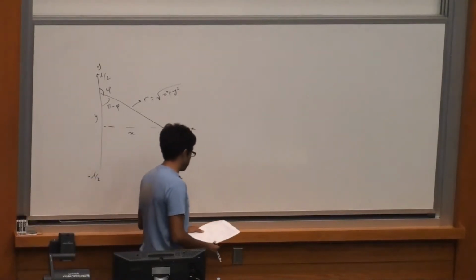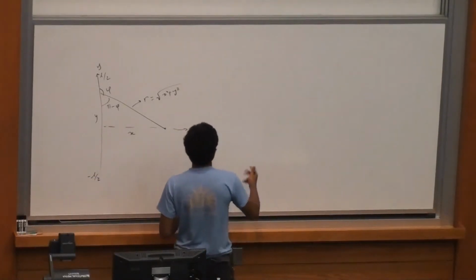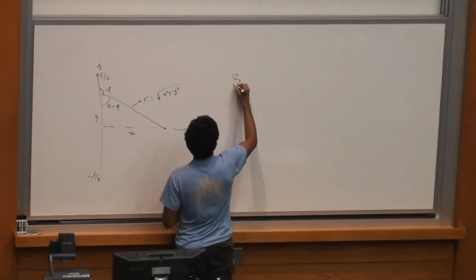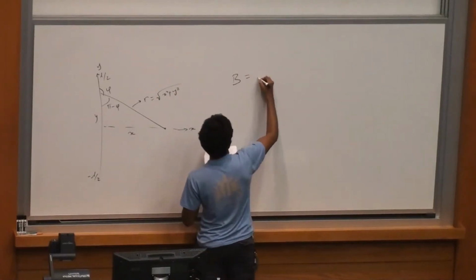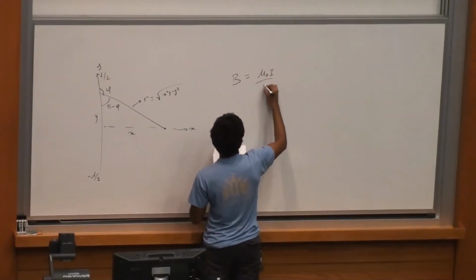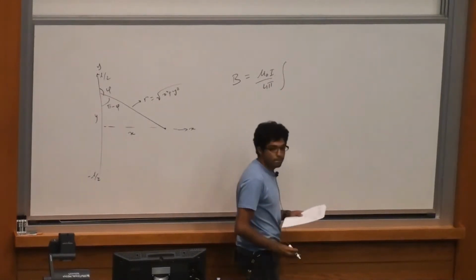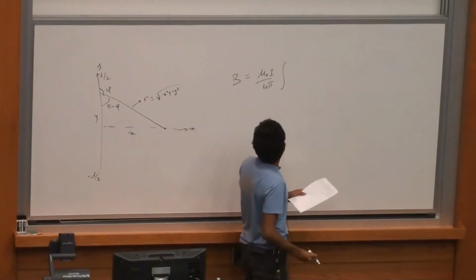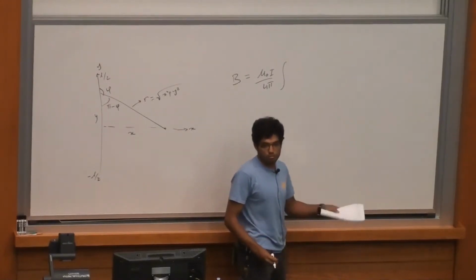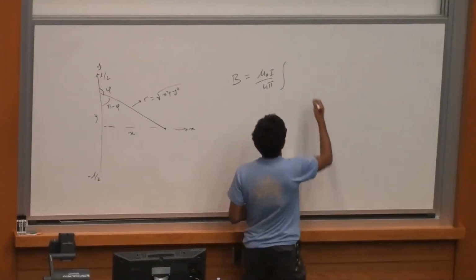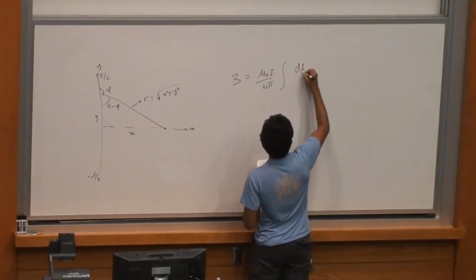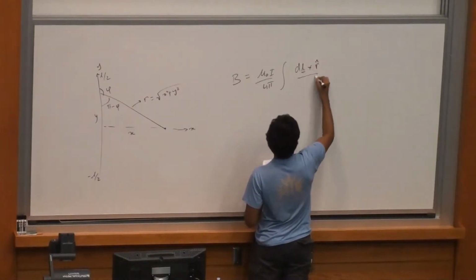So it makes it a bit more difficult, but we do know what the Biot-Savart law is. It's B equals mu naught I over 4 pi, integral of what? I dl, well, I is already there, so dl cross r hat over r squared, right?